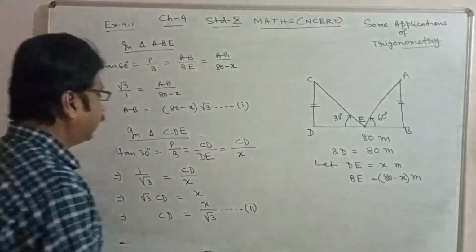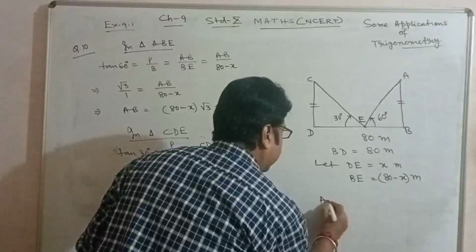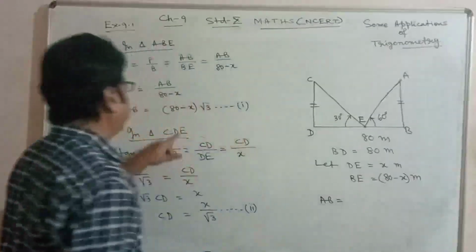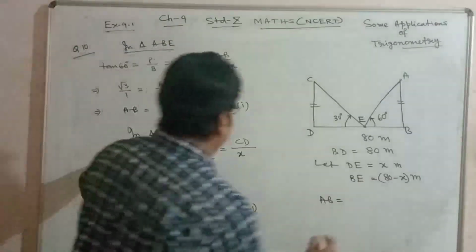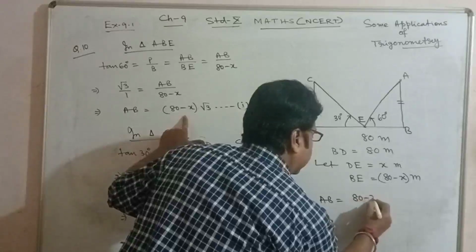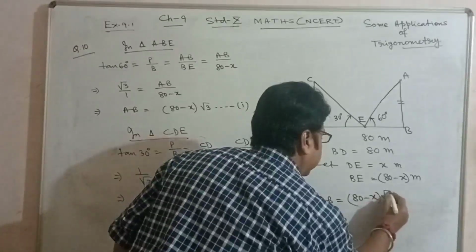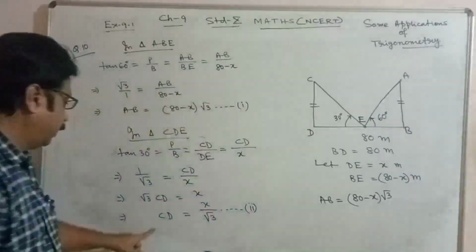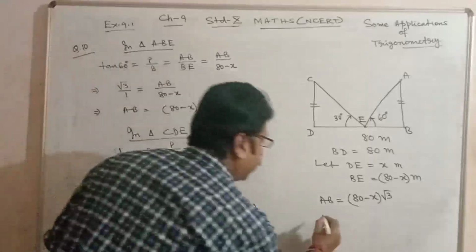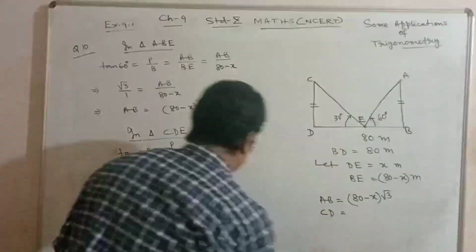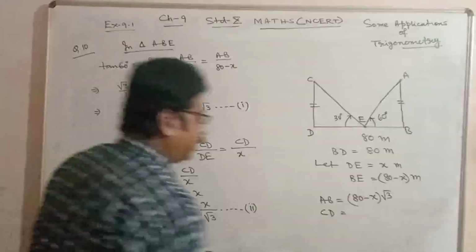So what we got? AB equals to 80 minus x root 3 and CD equals to x upon root 3.